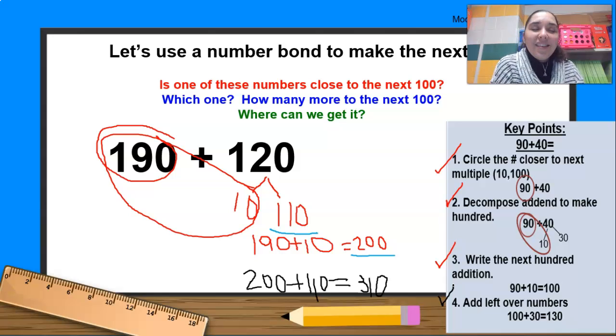And you're absolutely right. If you know that 190 is 10 less than 200, the other part has to be 10 more than 110. Then the total will be equal. Yes, boys and girls, great thinking.